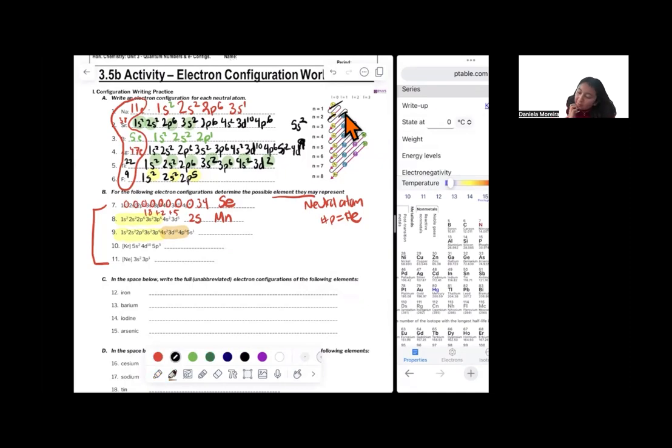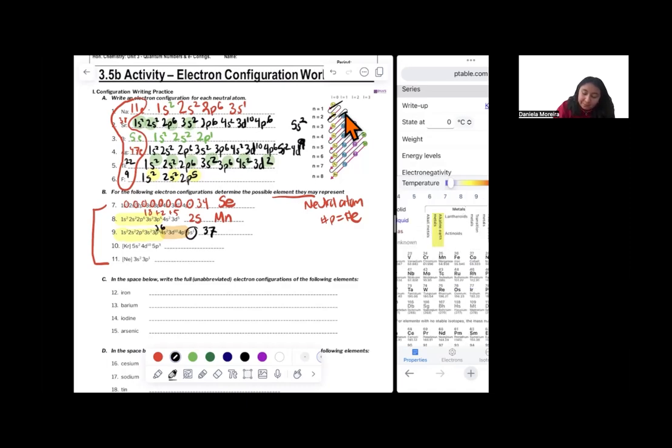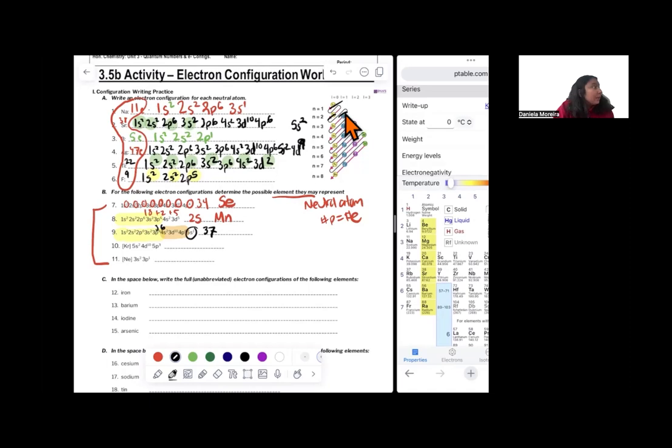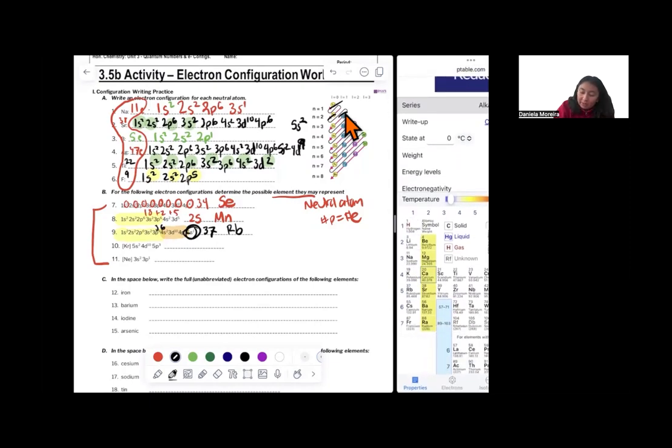Krypton has 36 electrons plus 5s1. That's 37. 37 is rubidium. We also could have just identified rubidium by being 5s, which means it's in the fifth energy level in the s block, with s1.